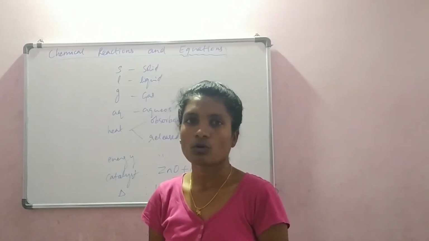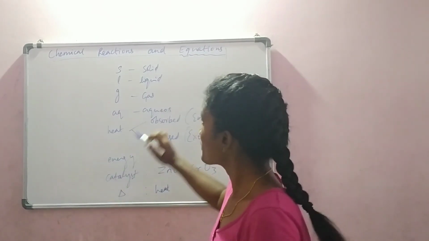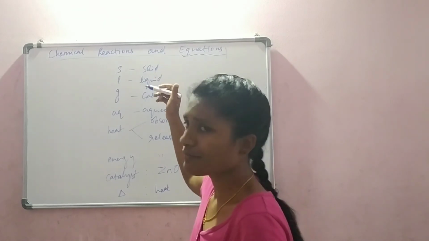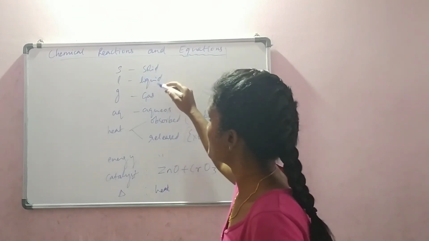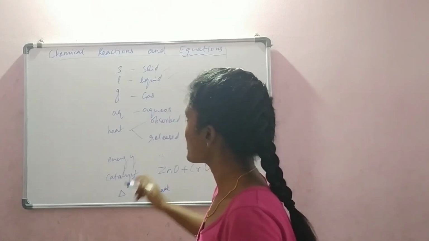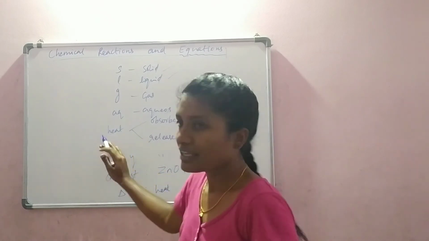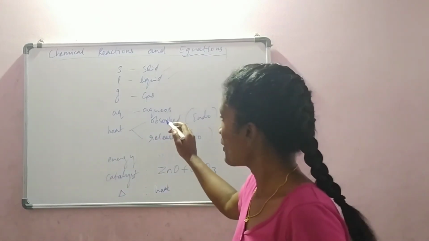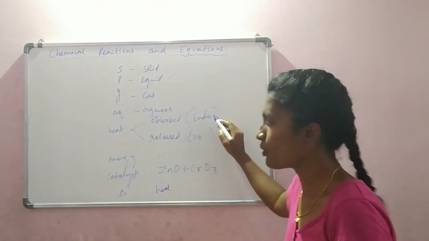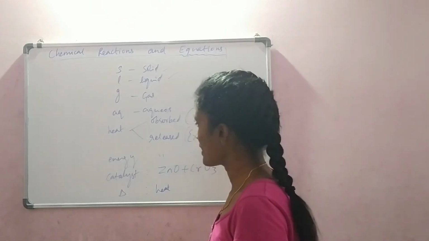Okay, so guys, let us continue further. So far I had told you that the state of a reaction can be mentioned as solid, liquid, or gaseous. And heat can either be absorbed or released. Absorption of heat is endothermic, whereas releasing of heat is exothermic.